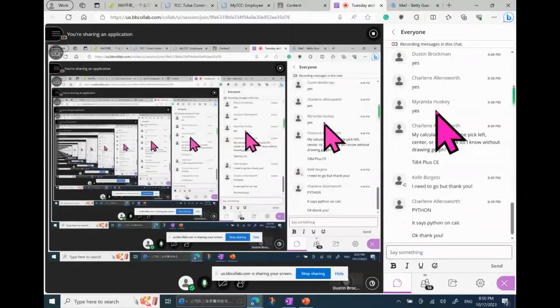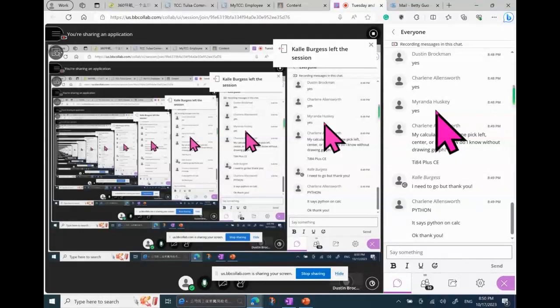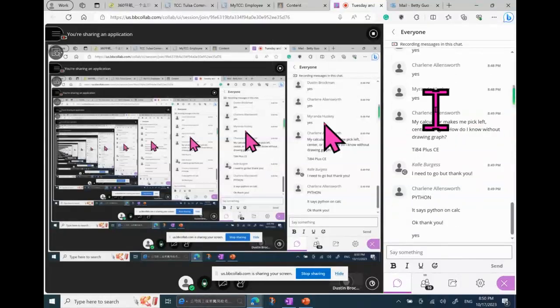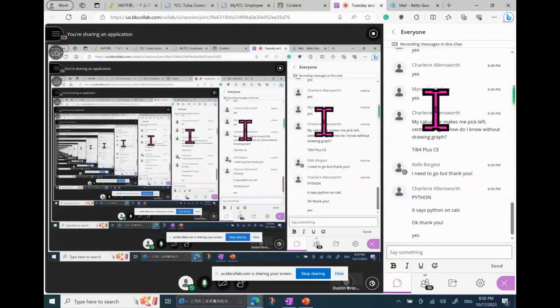It says Python on the calculator. Okay. I'm just guessing. Maybe are you using the correct function? Second verse, inverse normal. Yes, okay. Mine doesn't have that.